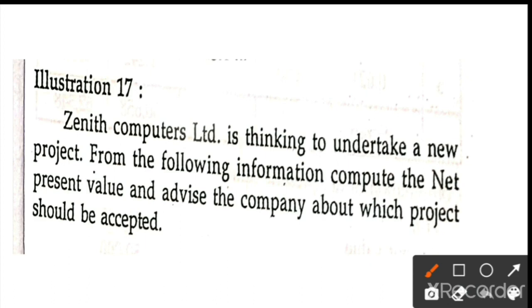So the first one is: Jint Computers Limited is thinking of undertaking a new project. From the following information, compute the net present value and advise the company about which project should be accepted. Is it clear? They are given two projects, project 1 and project 2.